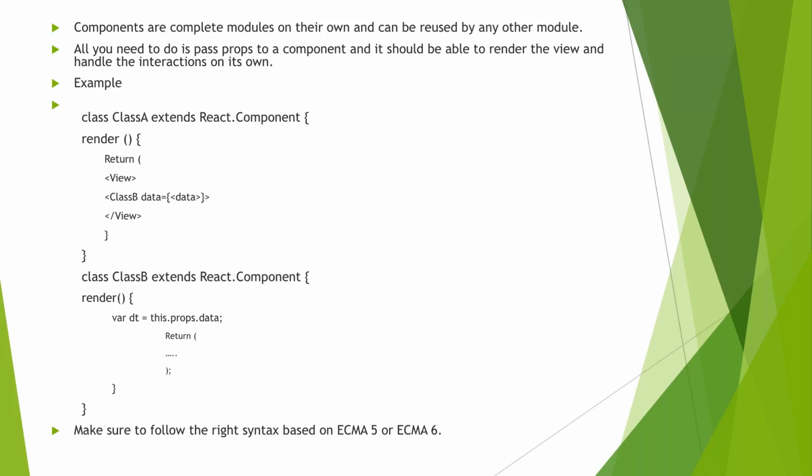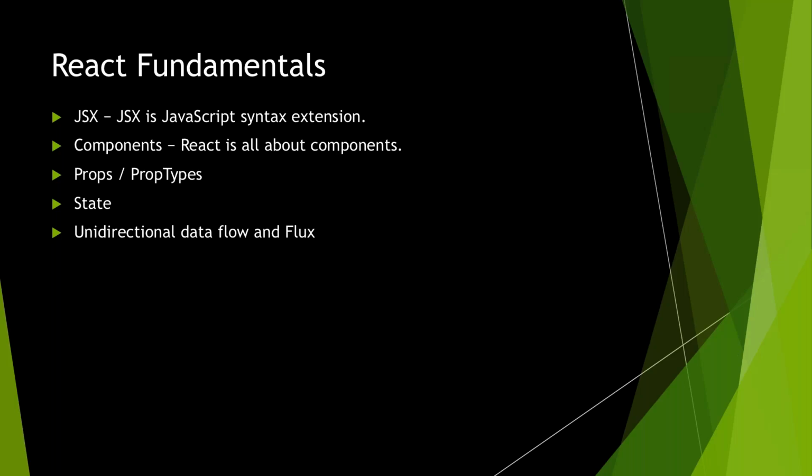If you are passing any other key, you can write this dot props dot whatever key you gave. Okay, this is props. Did you guys understand what props is, or do you want me to repeat again?